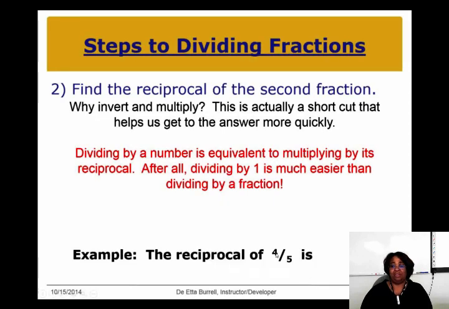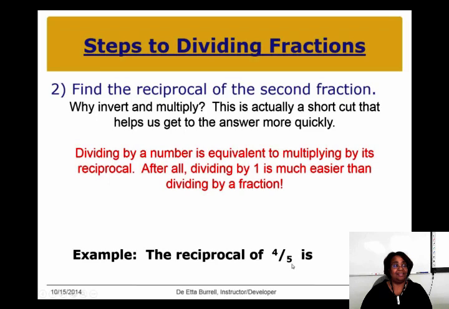Now, if the numerator and denominator switch places in order to have a reciprocal, what is the reciprocal of 4/5? They switch places, what would it be? Hello? For 4/5?